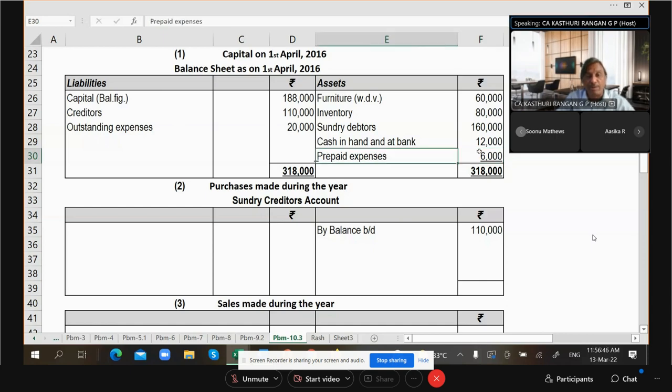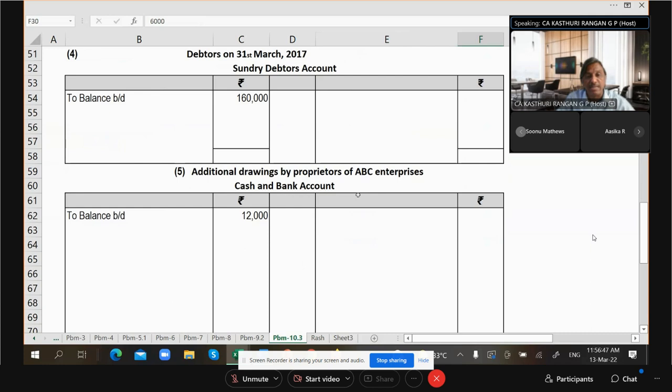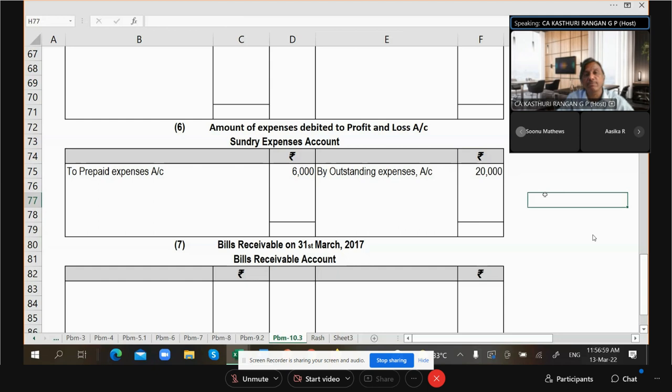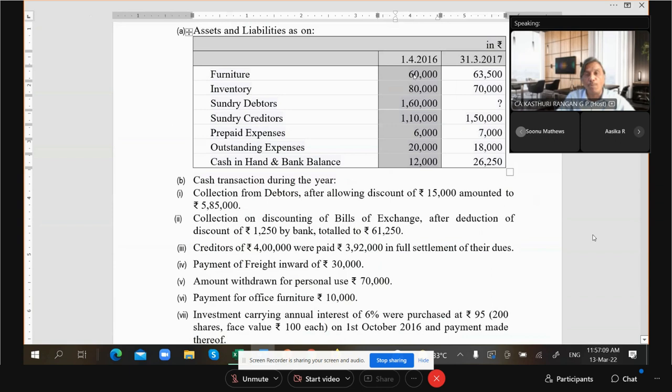Prepaid expense asset, put it on the debit balance. Where? In the sundry expense account. So to prepaid expense, how much? 6,000. Outstanding expense, how much? 20,000. Opening balance. So we have recorded all the information given in the opening balance sheet, correct?